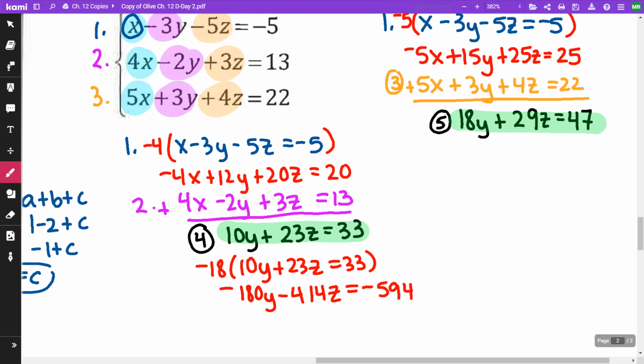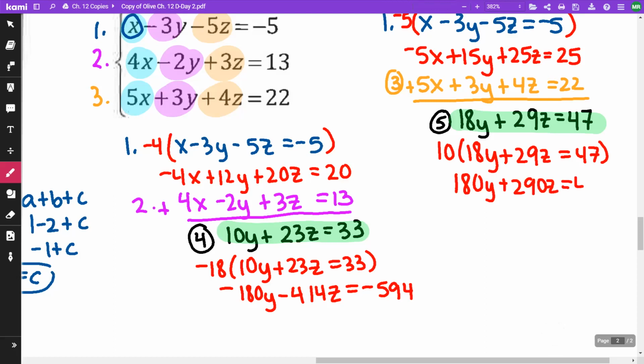Looks kind of yucky. I'm going to do the same idea up here with my equation 5, but I'm going to multiply it by a positive 10. And so when I multiply everything by a positive 10, I get 180y plus 290z equals 470.